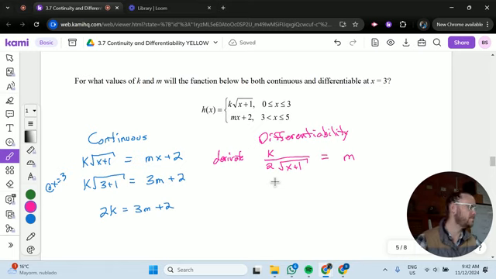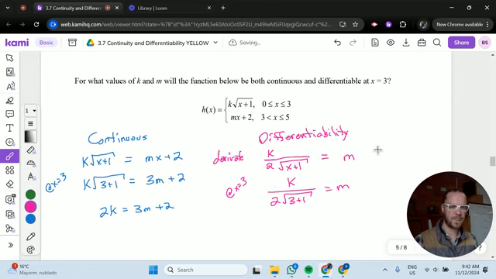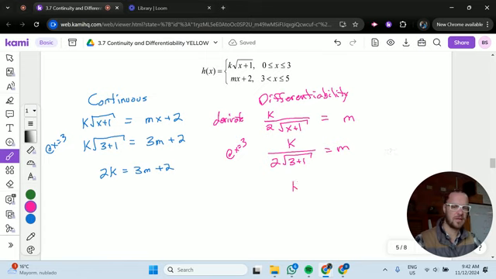Just m. Right? And then we're going to do that derivative at x equals 3. So we'll get k over 2 times the square root of 3 plus 1, and it equals m. That's going to give us k over 4 equals m, or if you prefer, because I think it's a little bit easier, k equals 4m.